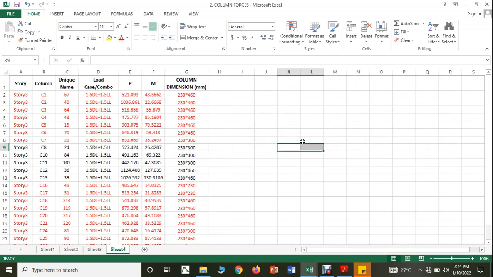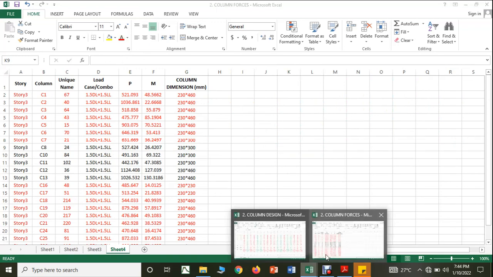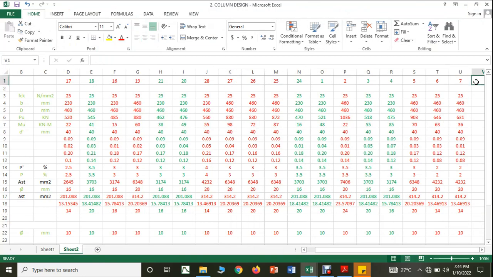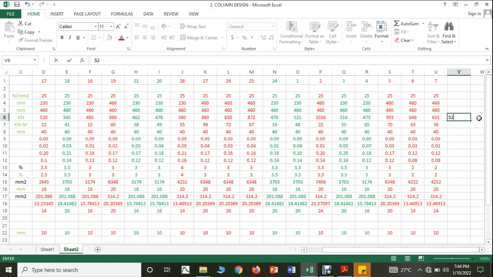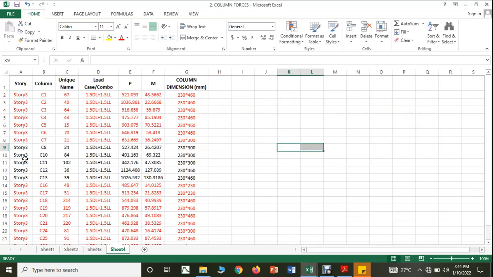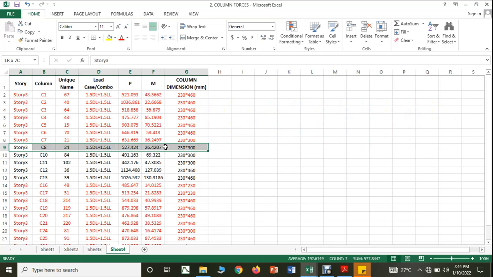The next you have is column number 8. Column number 8, 527 and 26.